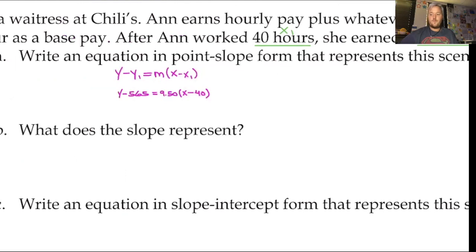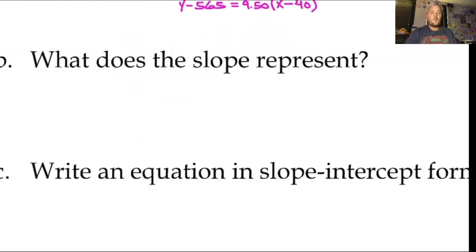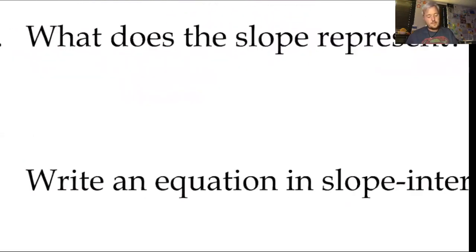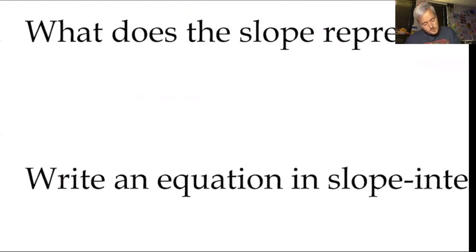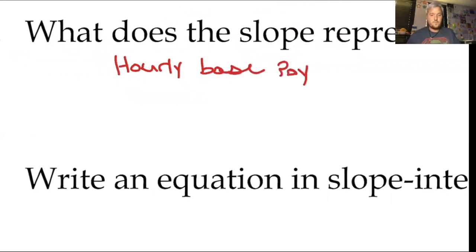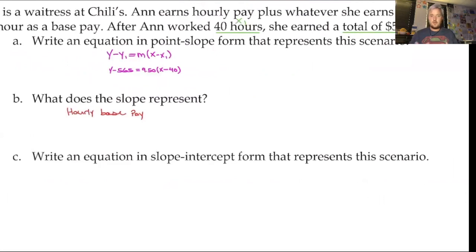So there's our point slope form. And now we want to find out, what does the slope represent? So this is the hourly base pay. So if she gets no tips, then she has $9.50 an hour.